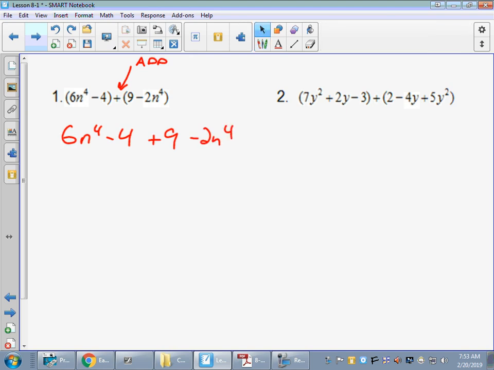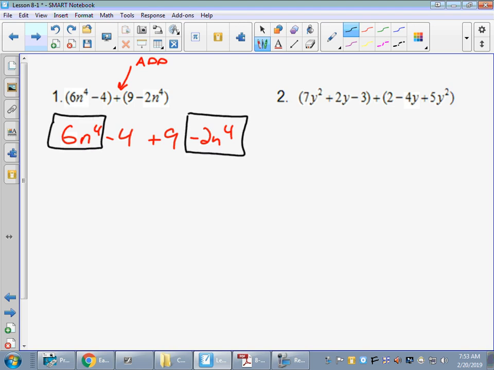Okay? So my next step was to combine like terms. So do I see any terms that can be combined that have the same variable and the same exponent? Sure. We've got an n to the 4th here. I've also got an n to the 4th here. So I can combine those. And I have a 6n to the 4th and a negative 2n to the 4th, which would give me a positive 4n to the 4th.